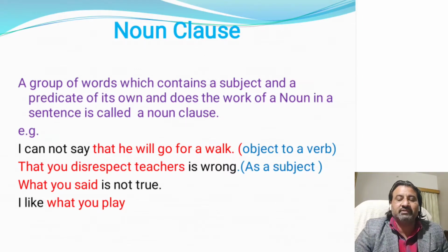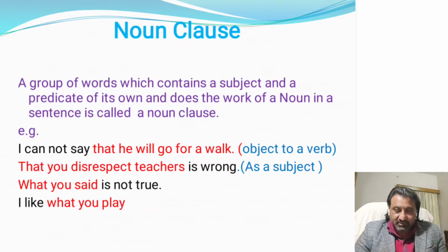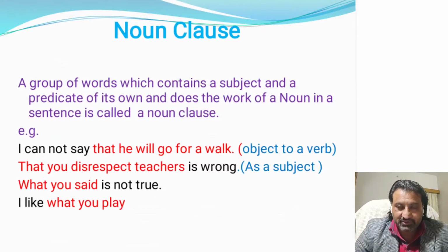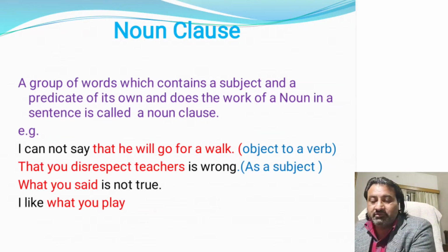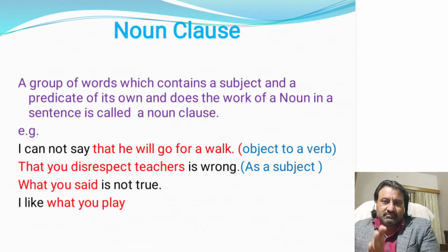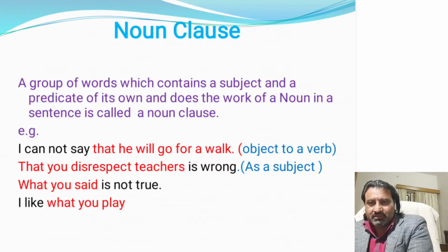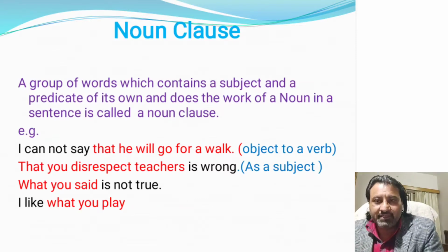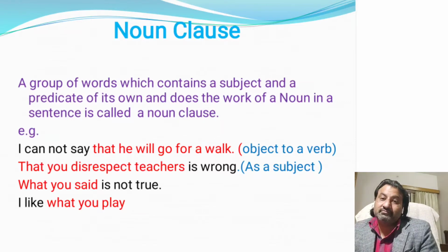So, for example, we can say, I cannot say that he will go for a walk. Here we have a subordinate clause, that he will go for a walk. This clause can be replaced by a noun.